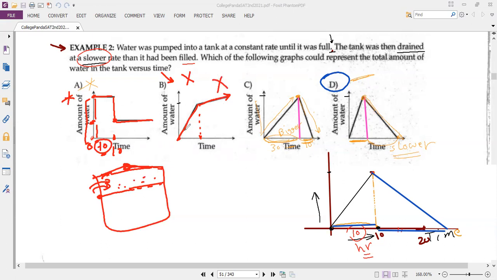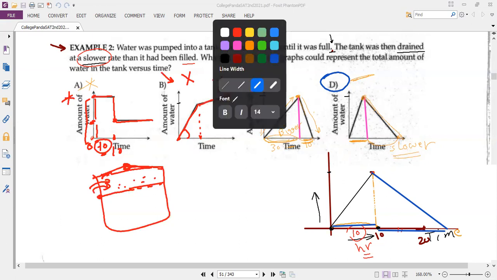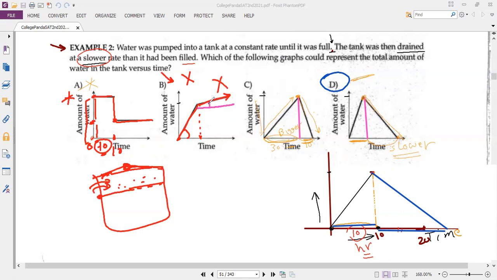But the speed here, you see the speed of the water, the rate of water, the slope, the angle is very acute, meaning near to 90. And the angle here is a very small acute angle, near to horizontal, so it is slow here.